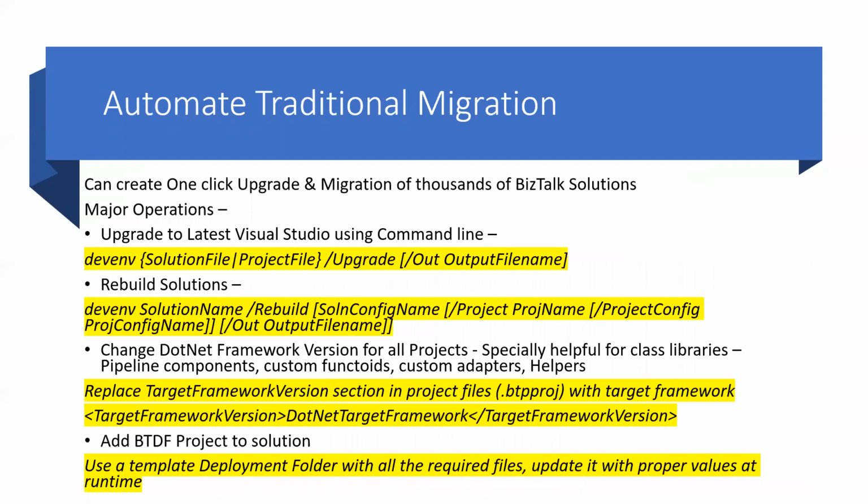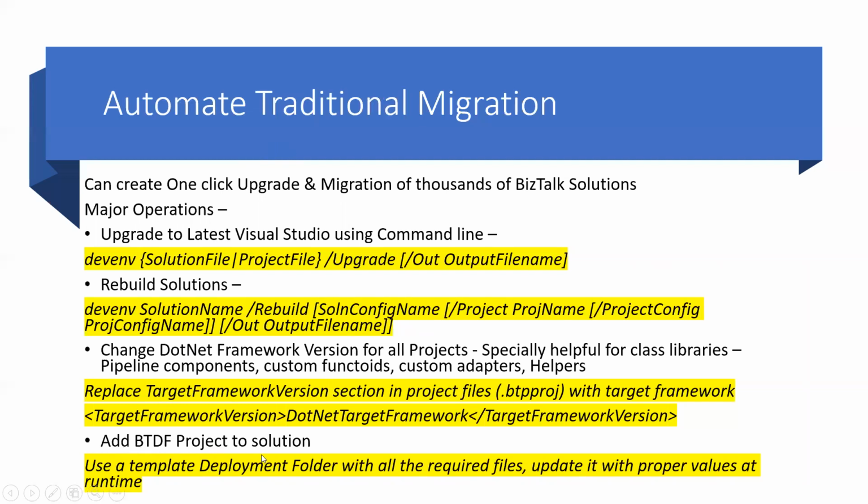So for migration purposes, there are a few things which we do. First is upgrading the code. Visual Studio has provided some command line arguments using which we can upgrade the code, rebuild the code, and change the target framework to 4.8 or whatever version. These are a few things which we have used in our code.